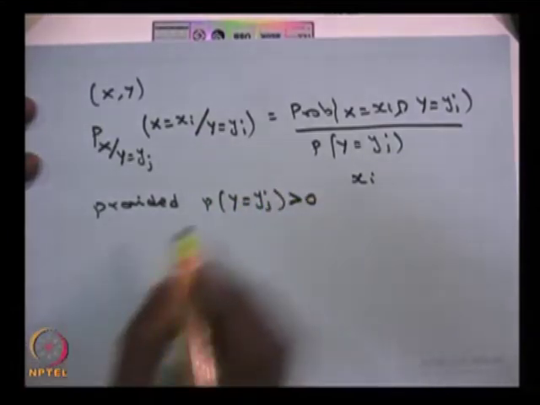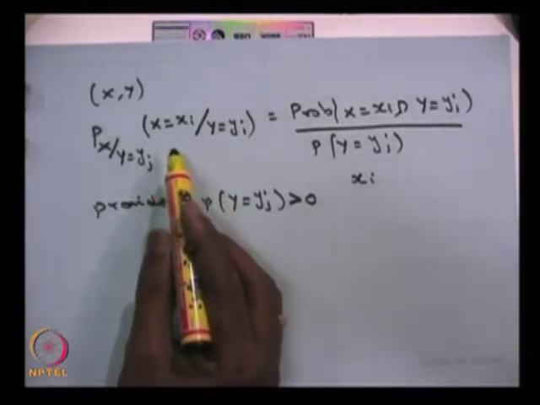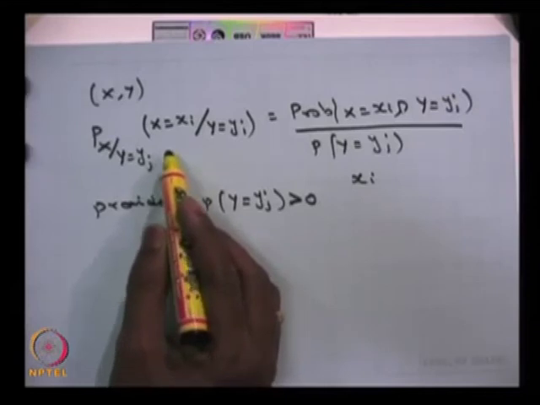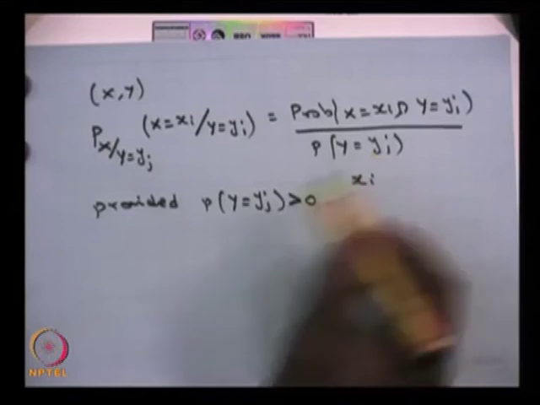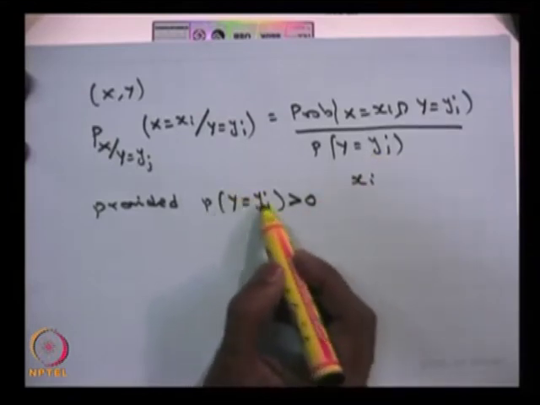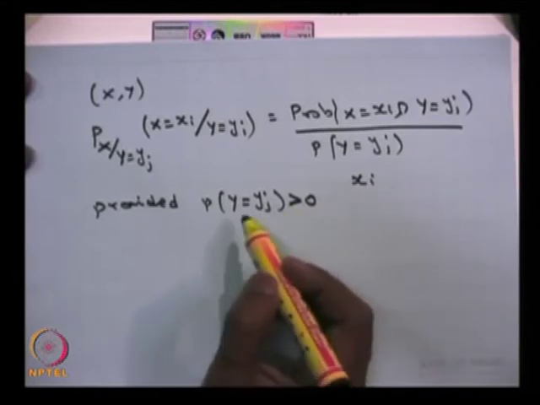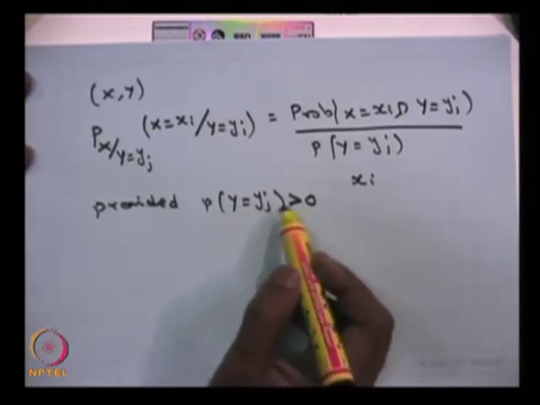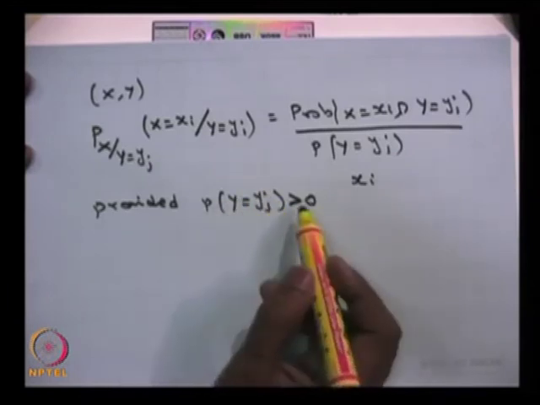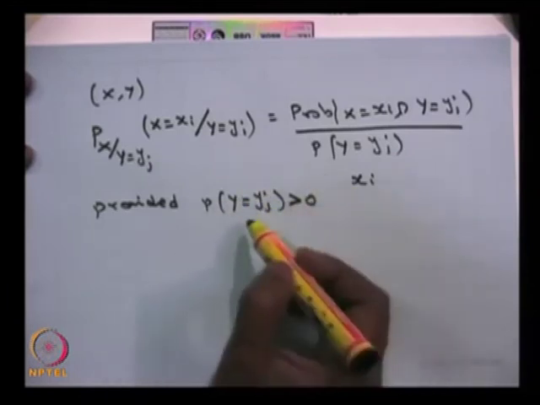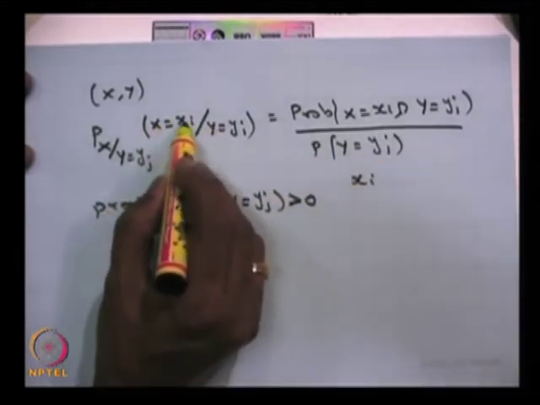That means the way you made a conditional probability over an event, the same way we are doing here, where the event is Y equal to yj. So as long as the probability of the event corresponding to Y equal to yj is strictly greater than 0, that means it is not an impossible event with probability 0, it is an event which has positive probability. If this happens already, then what is the probability that the random variable X takes the value xi?